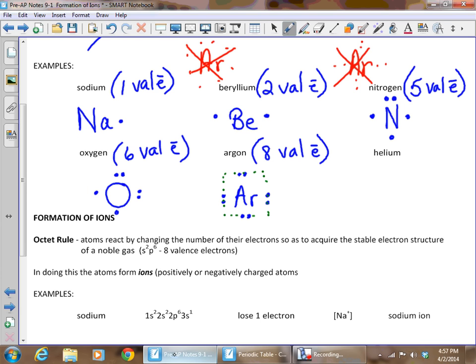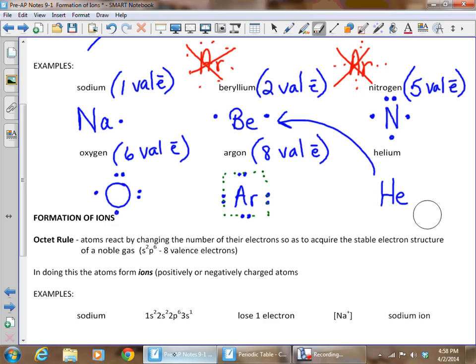But what we do not want to do is to write helium this way. Don't write this first part because it's not correct. We might start out saying, okay, then helium needs to have 1 on the right and 1 on the left, just like we've done for our other elements that have 2 valence electrons. However, this would indicate that it acts a whole lot like beryllium, that it would react like beryllium and do the same things beryllium does, but it does not.